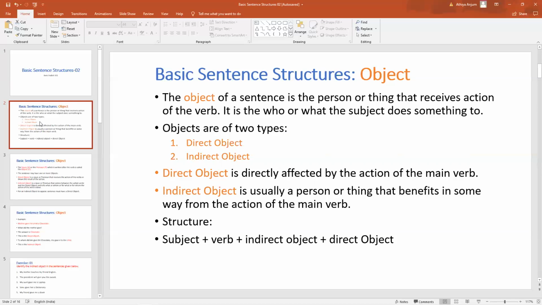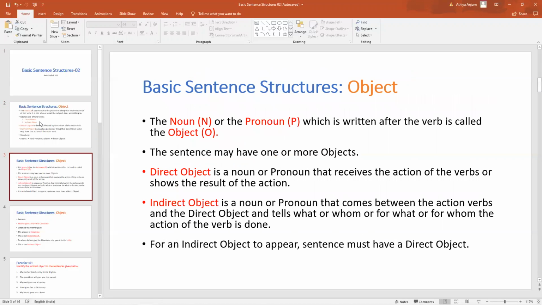So now we are going to learn this structure: subject plus verb plus indirect object plus direct object. This is represented as S plus V plus IO plus DO. Okay. So the noun or the pronoun which is written after the verb is called the object. So the object can be either a noun or a pronoun. All right.